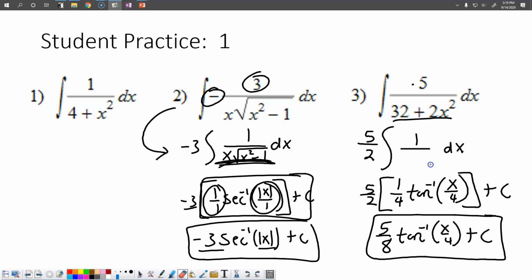You're welcome with addition to flip things around. You can't do that with subtraction. But with addition, it doesn't matter what order they're in. Okay. So in this case, if you take the square root of 16, you get 4. So that's your a. Square root of x squared is your x there. And then multiplying the 5 times 1, 2 times 4, you get 5/8 arctangent of x over 4.